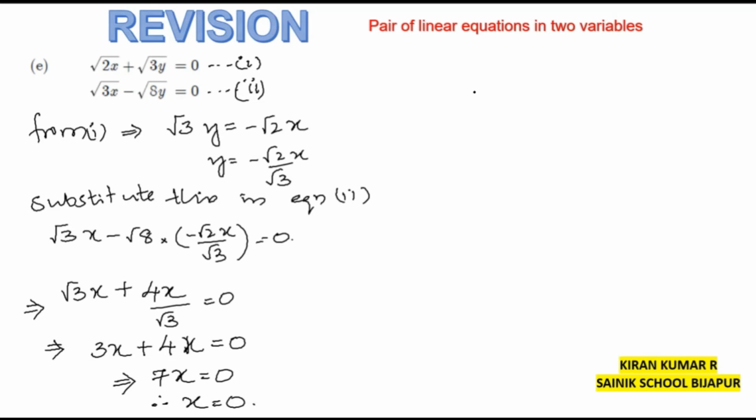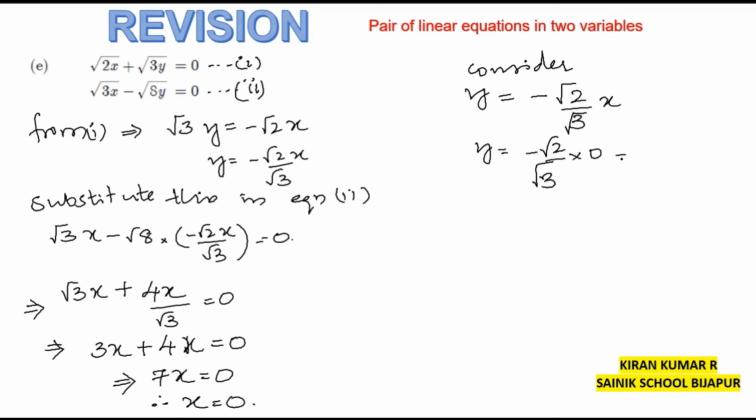Now let us take y is equal to minus root 2 by root 3 times x. So y is minus root 2 by root 3 times 0, which is nothing but 0. Therefore we get the solution as x is equal to 0 and y is equal to 0.